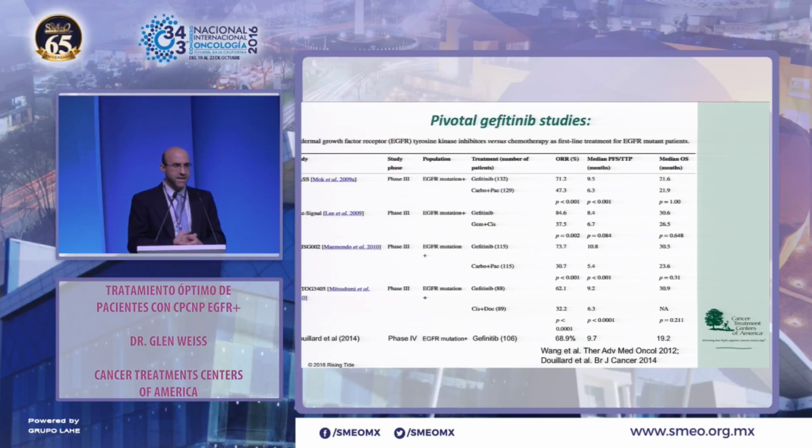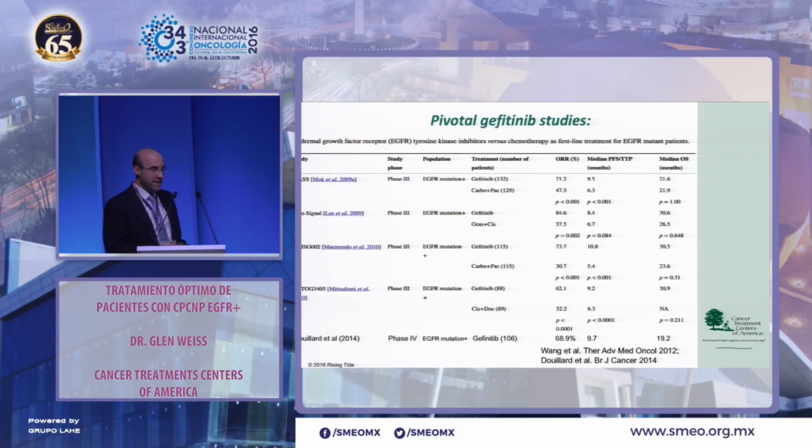And here is a table depicting some of the pivotal trials for gefitinib. At the top here, this is IPASS. Tony Mok published this article in the New England Journal of Medicine with his collaborators. It was a phase 3 study looking at gefitinib versus carboplatin paclitaxel, showing a high overall response rate with gefitinib compared to chemotherapy, and improved progression-free survival, but ultimately no difference in overall survival.